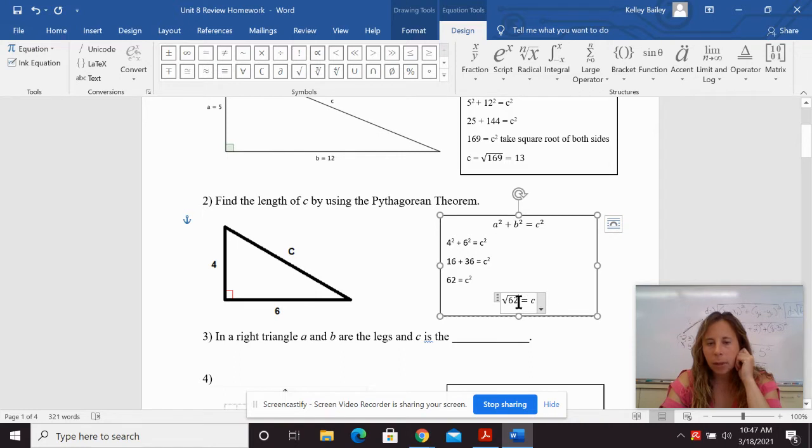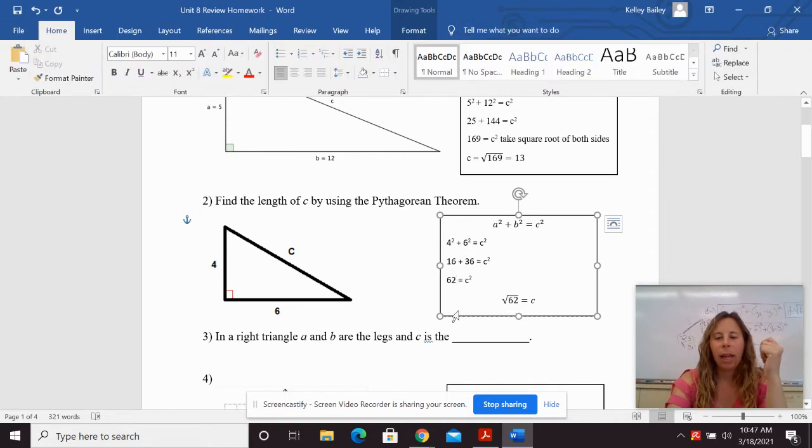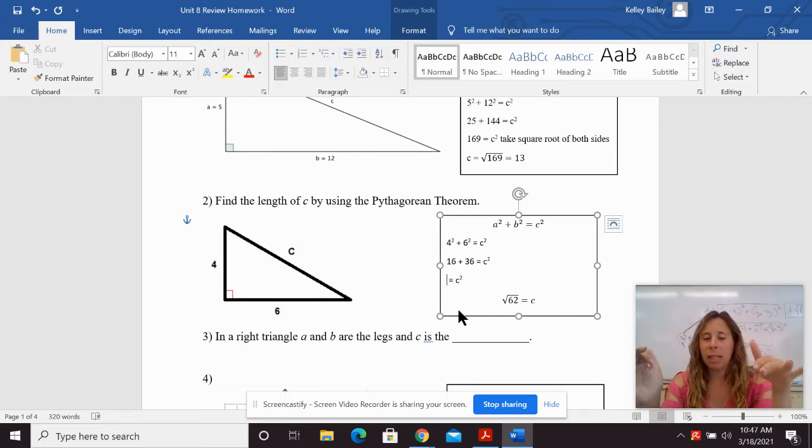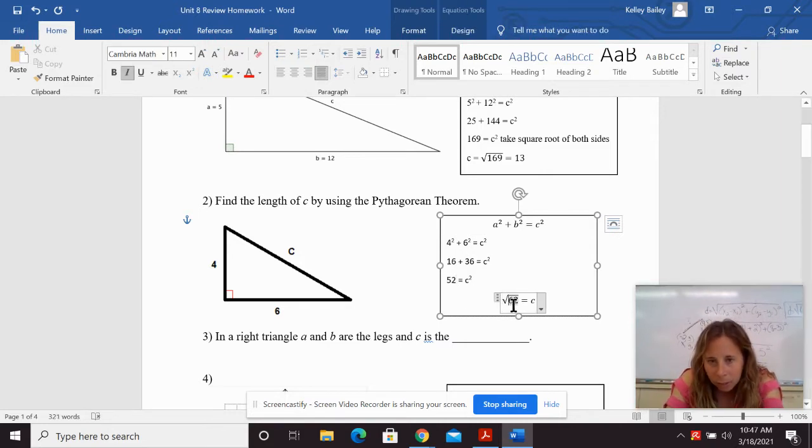Wait, no, I'm sorry. I think I added those wrong, didn't I? I did. Sorry, my bad. You're not going to get 62. I can't add. Okay, let's see. 36 plus 16 is 52. I added on an extra one. So the square root of 52 equals c.